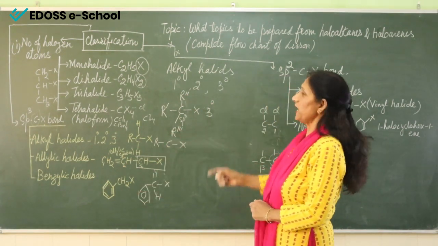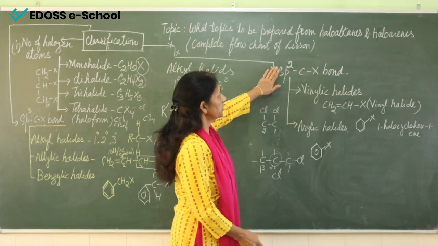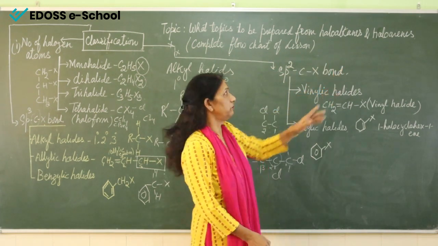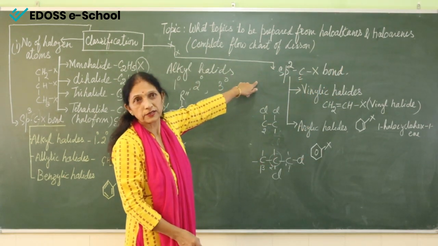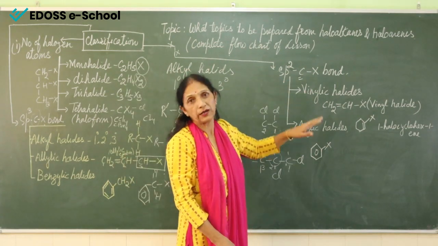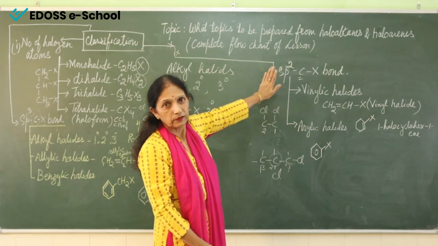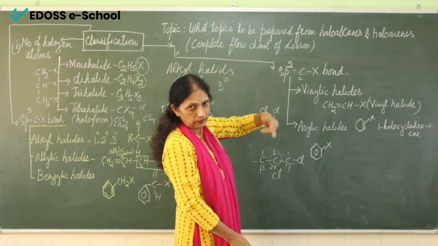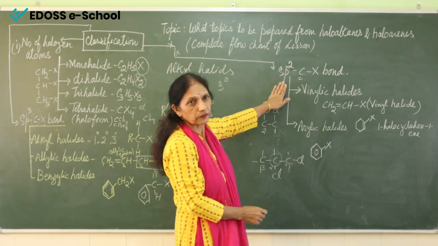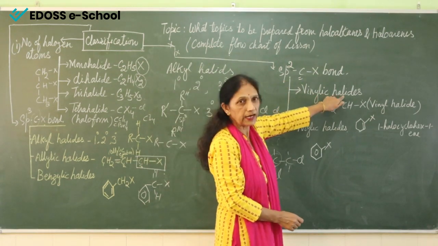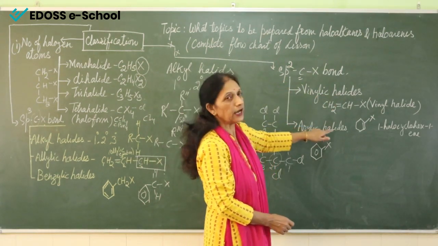Now coming to the third type of classification, that is the sp2 C-X bond. It means here this carbon is not sp3 hybridized, this is sp2 hybridized. Okay, sp2 and sp3 I'll teach you later on. Now see here, this is also of two types. One is vinylic halides and another is arylic halides.